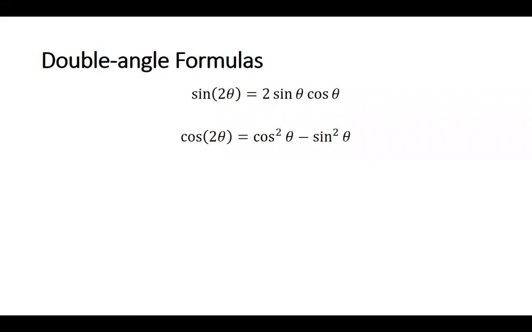So double angle formulas. The sine of 2 theta is equal to 2 times the sine of theta times the cosine of theta. The cosine of 2 theta is equal to cosine squared theta minus sine squared theta.